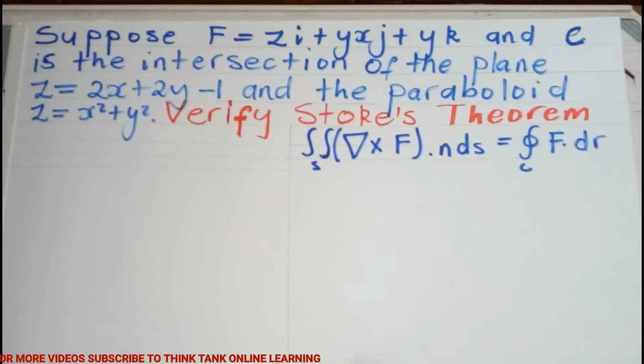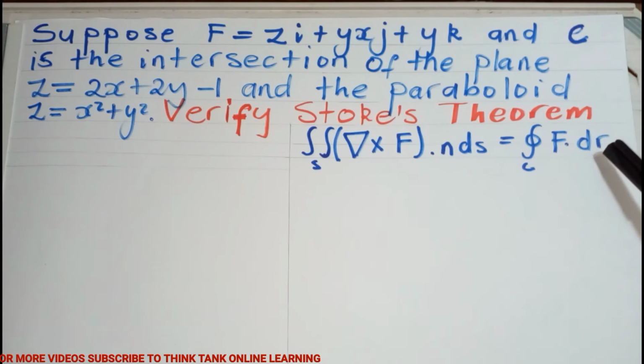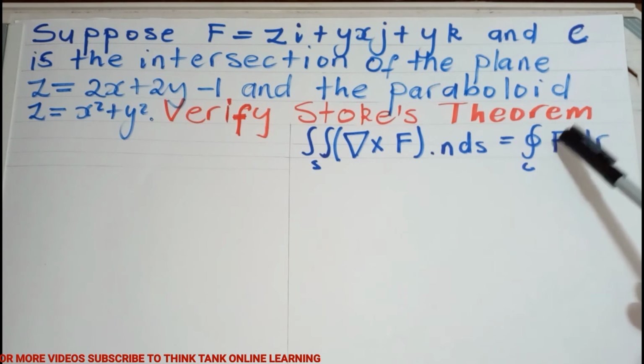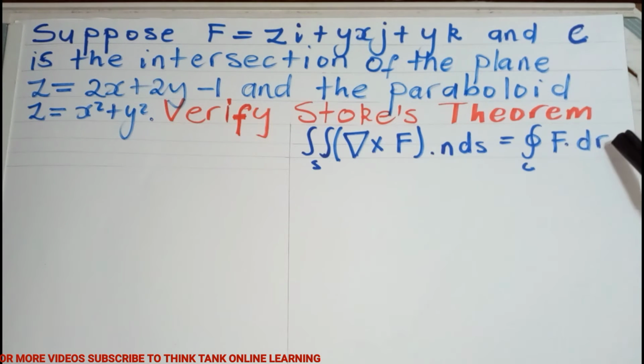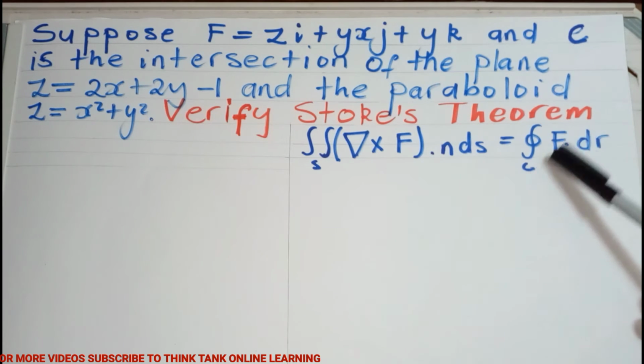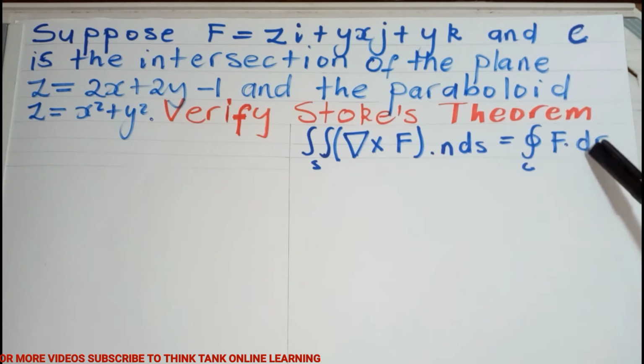And this is equal to the integral of F · dr, so this is the work done through a closed path C.